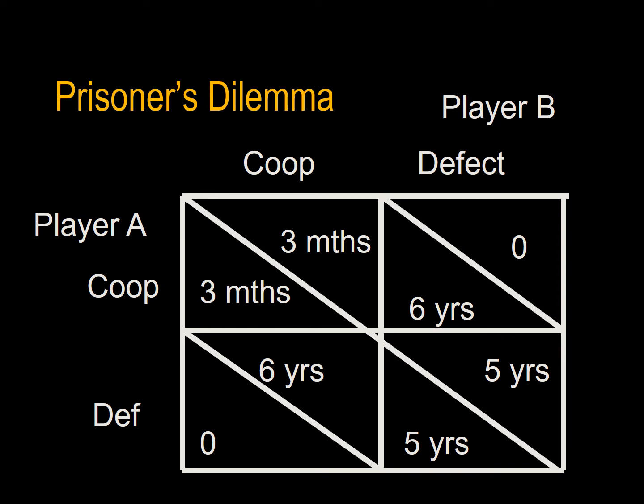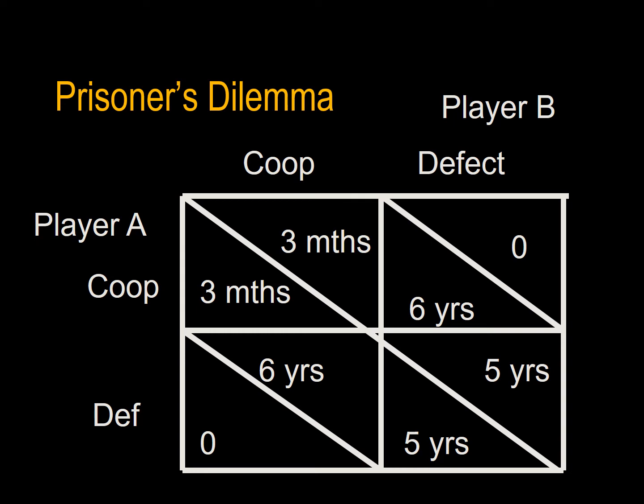Representing the two rows of cooperation and defection on the left, you have player A. And player B represents the choices of cooperation and defection in the two columns. What we want to do is focus on the payoffs, which are contained in each of the cells. I've conveniently put a diagonal line to show that the top right payoff applies to player B and the bottom left payoff applies to player A.